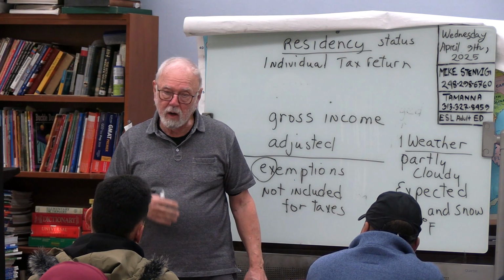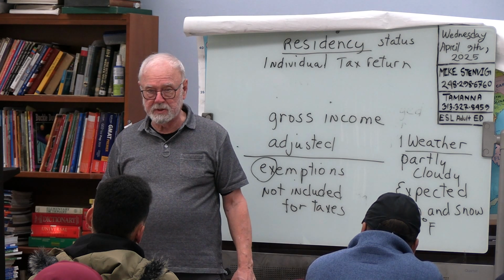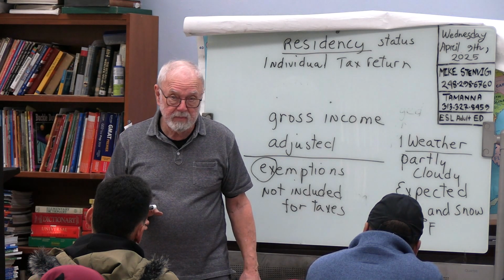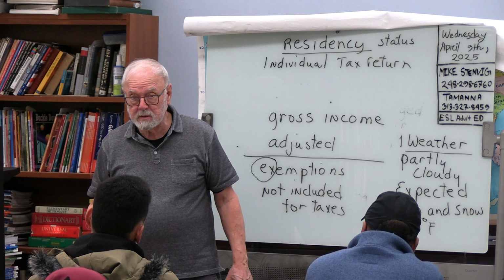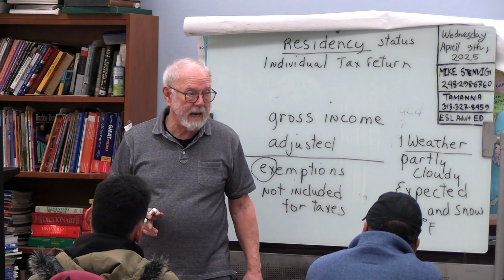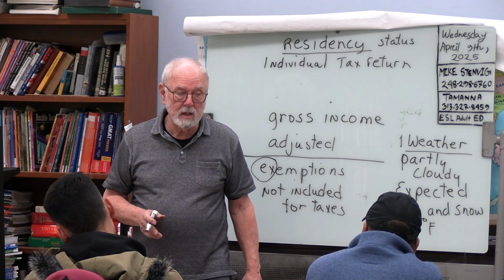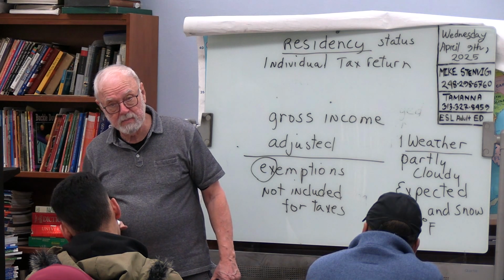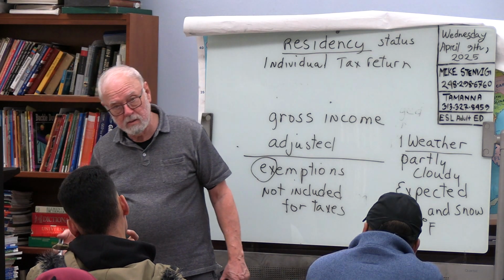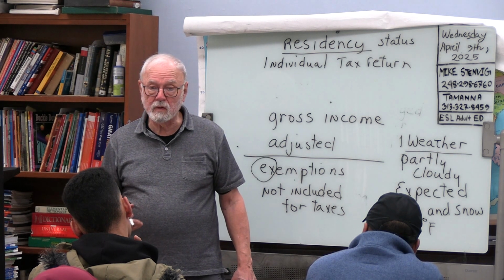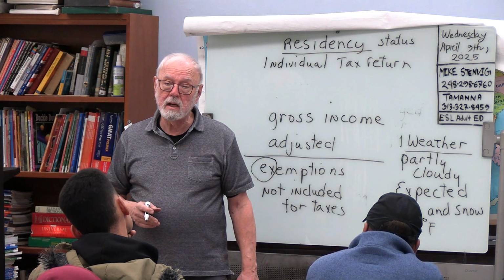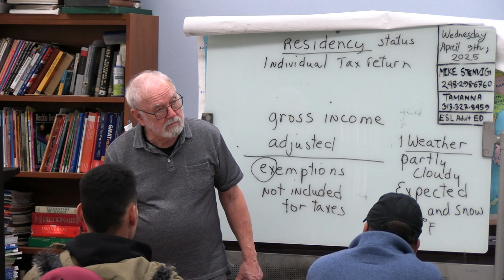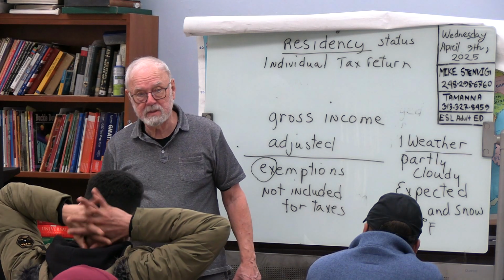So we know that there are other places where there are exemptions. For example, if you go to the grocery store and you buy groceries, you don't pay tax on groceries. There are exceptions. If you go to the store and buy shoes, it includes sales tax.